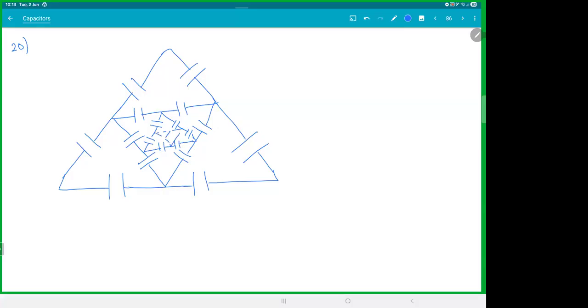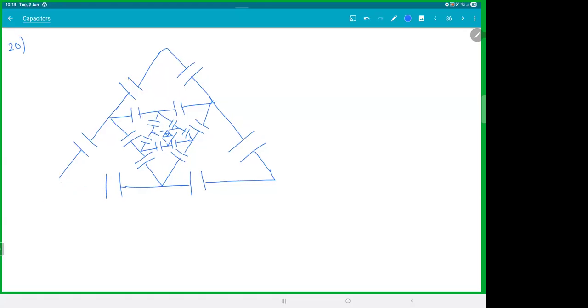And so on. You can see this thing is forming an infinite grid. Triangle, triangle, triangle, triangle. So it's going inside continuously. Triangle inside a triangle. This is A and that is B. Able to visualize that? So this is an infinite triangular grid.